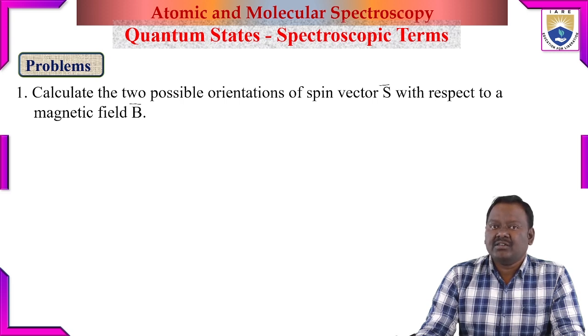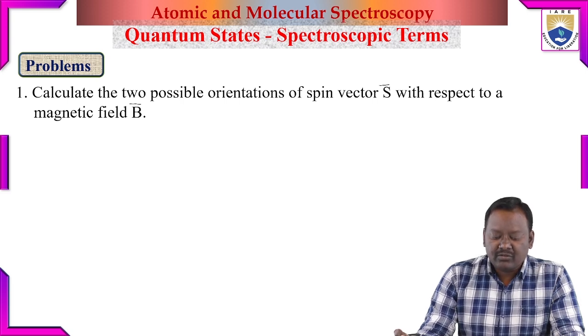We represent these two momenta as vectors: orbital angular momentum by the vector L bar, and spin angular momentum by the spin angular momentum vector S bar. Here the problem is to find the possible orientations of the spin angular momentum vector S bar, which we represent with reference to the magnetic field B bar.